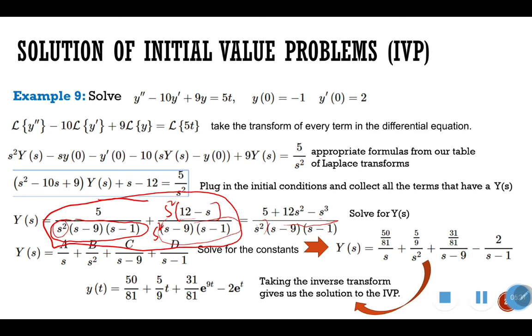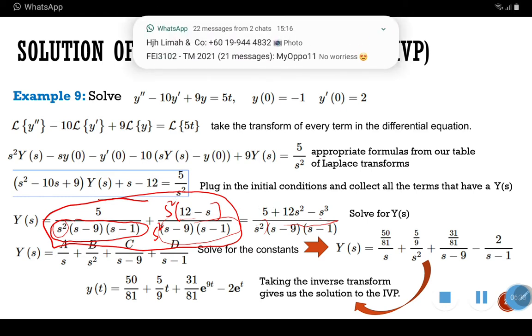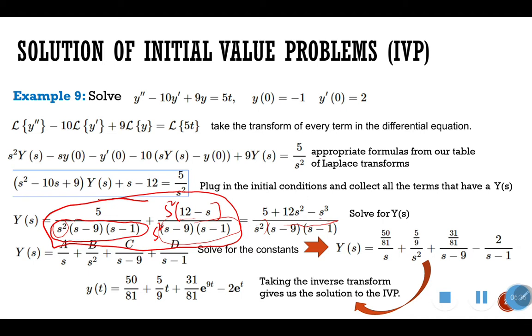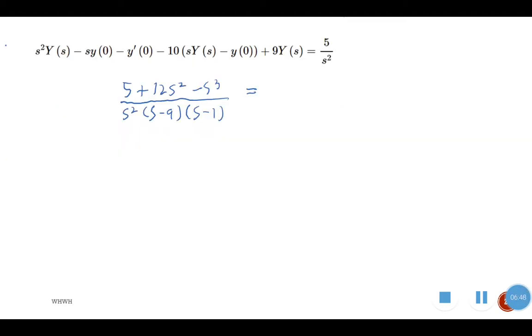You will have 5 plus 12 s squared minus s cubed over a common denominator of s squared times s minus 9 times s minus 1. So Y(s) equals 5 plus 12 s squared minus s cubed over s squared times s minus 9 times s minus 1.